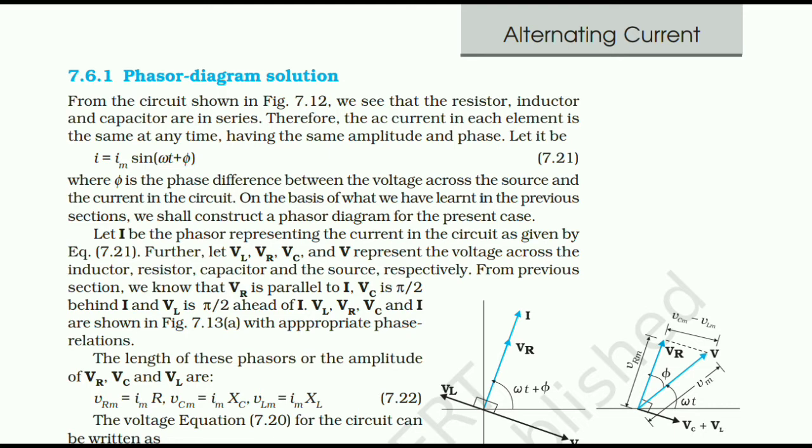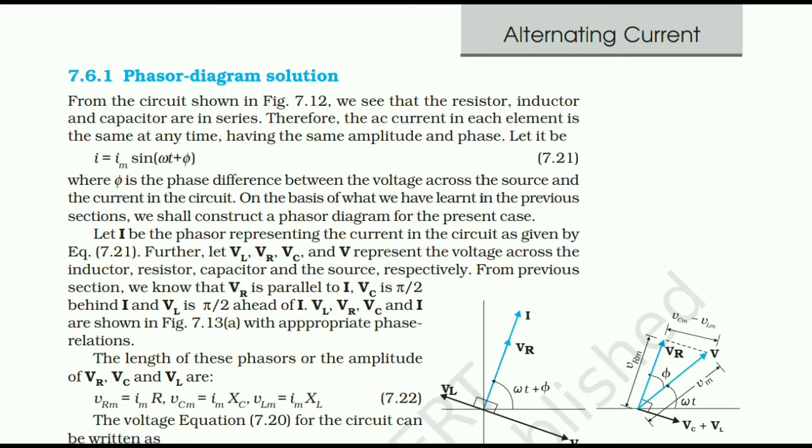On the basis of what we have learned in the previous sections, we shall construct a phasor diagram for the present case. Let I be the phasor representing the current in the circuit as given by the equation. Further, VL, VR, VC and V represent the voltage across the inductor, resistor, capacitor and the source respectively.